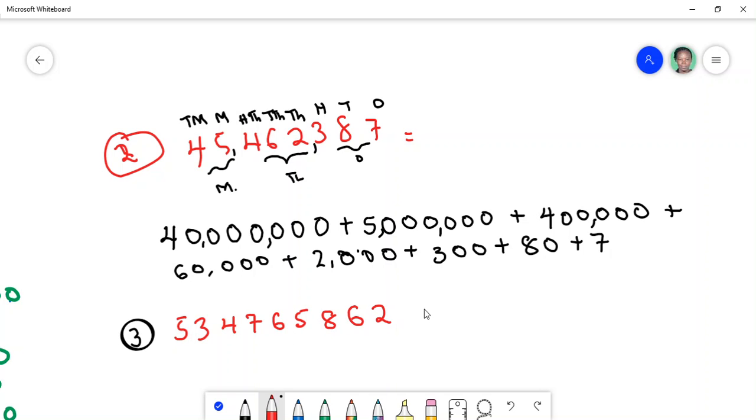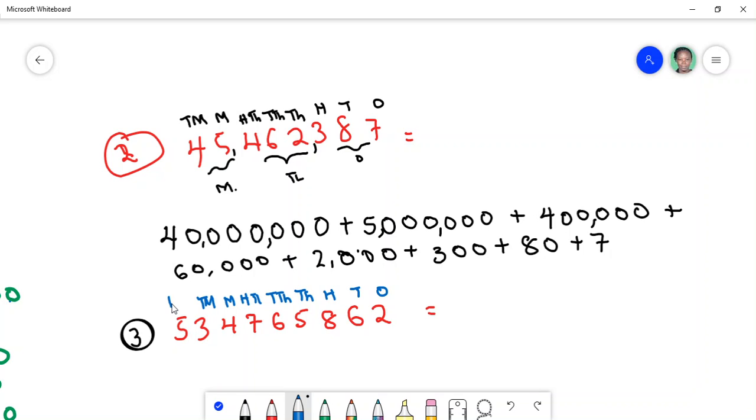Okay, so let's find the place value for each. So what do I have? You have what? Ones. This is tens, 100. This is what? 1,000. Then I have what? 10,000, 100,000, million. This is what? 10 million.